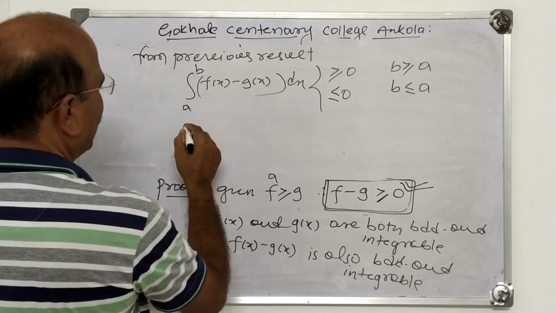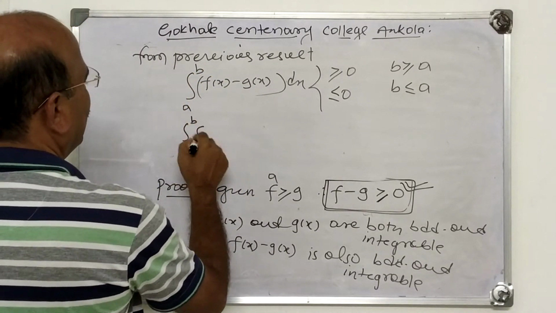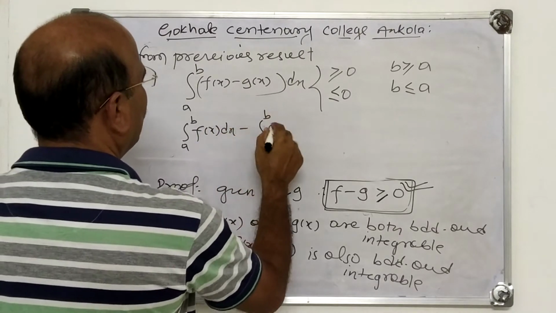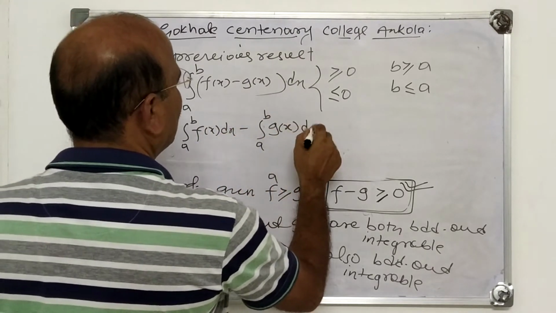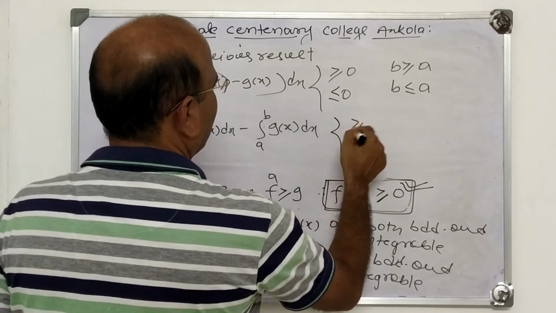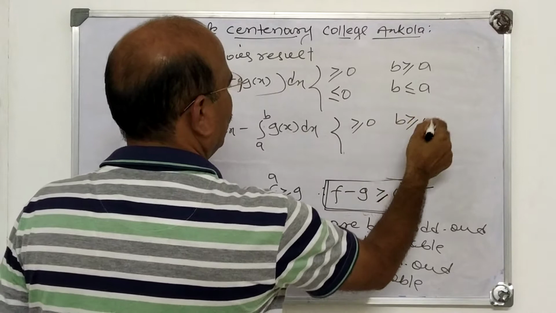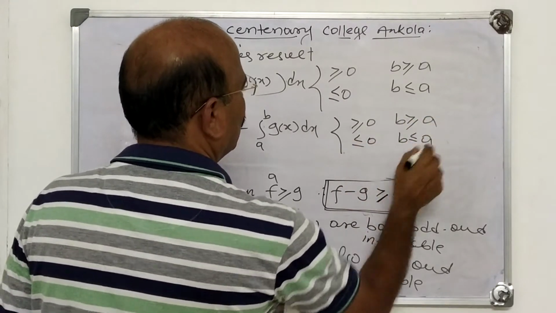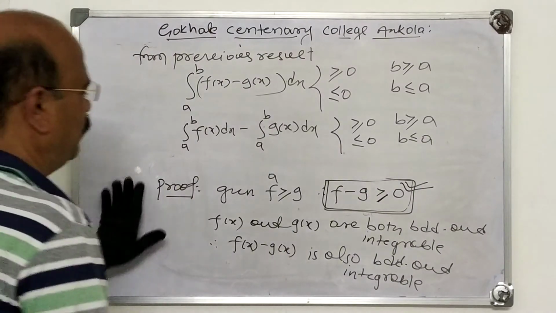But integral a to b of f(x) minus g(x) is integral a to b f(x) dx minus integral a to b g(x) dx. It is greater than or equal to 0 if b is greater than or equal to a, and less than or equal to 0 if b is less than or equal to a.